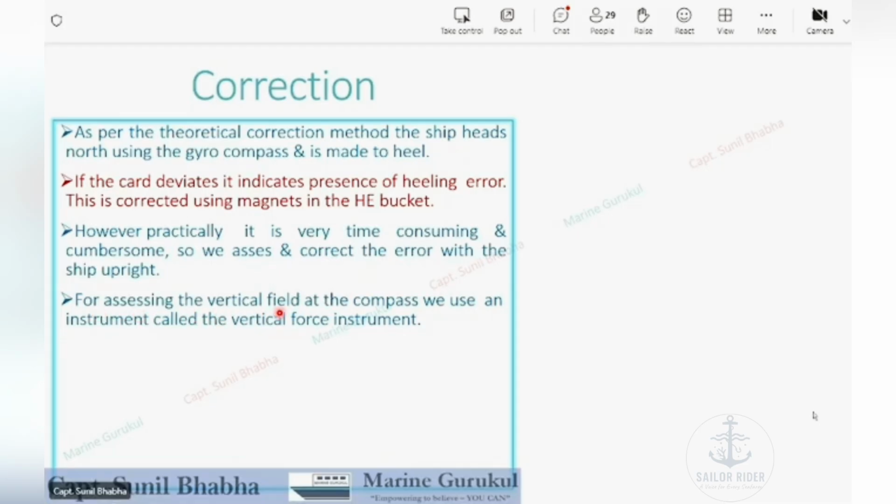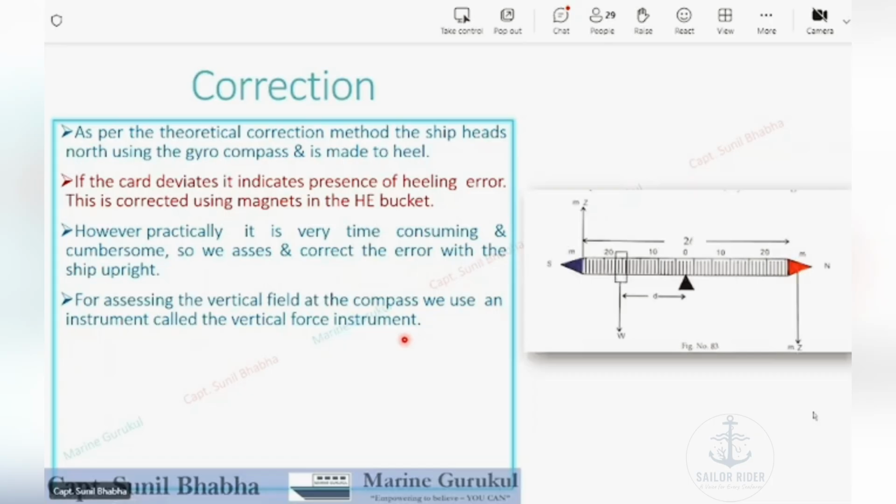So for assessing the vertical field at the compass location, we use an instrument called the vertical force instrument. Let me show you the diagram. A vertical force instrument or a VFI is very similar to a dip needle. A dip needle is free to move in the vertical plane, and wherever on earth it is placed, as soon as it is released, it is going to align itself in the direction of the magnetic field lines, giving us the dip angle.